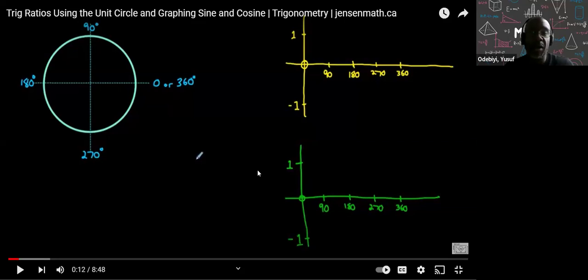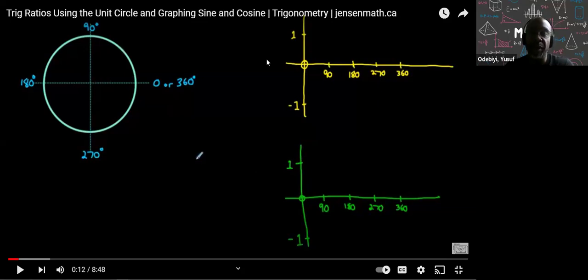Okay, so now we're looking at the graph, and you can see here, yesterday we talked about the unit circle, right? And we talked a little bit about the angles in a circle, right?